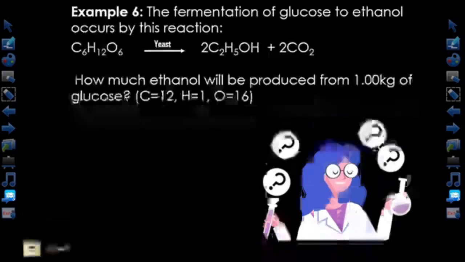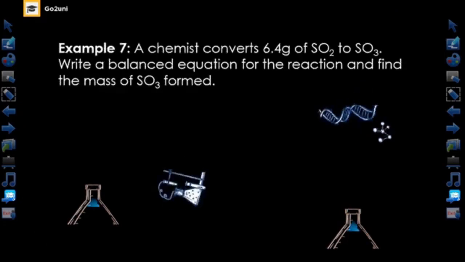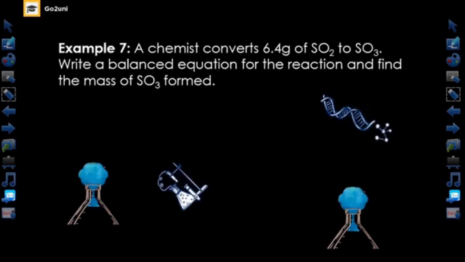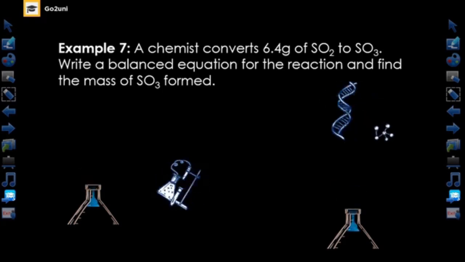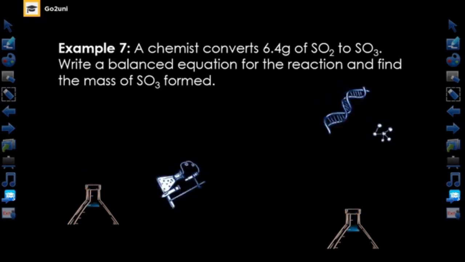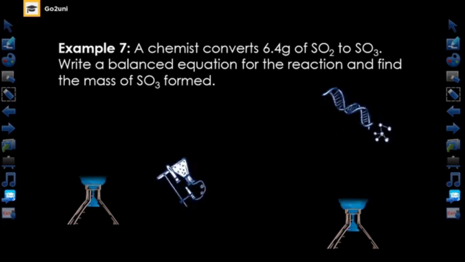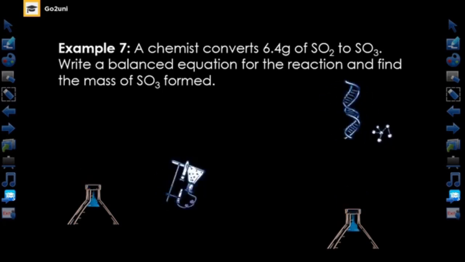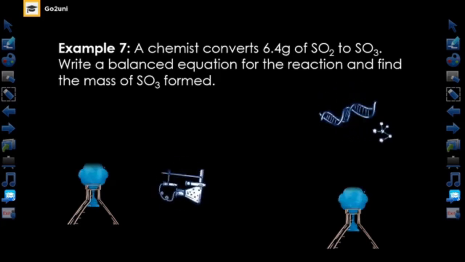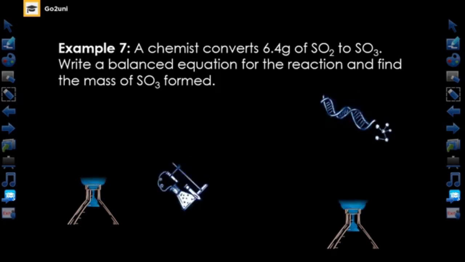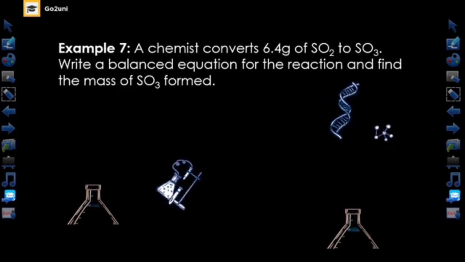Let us take a look at our last example for today. The question says a chemist converts 6.4 grams of SO2, that is sulfur 4 oxide, to sulfur 6 oxide, SO3.